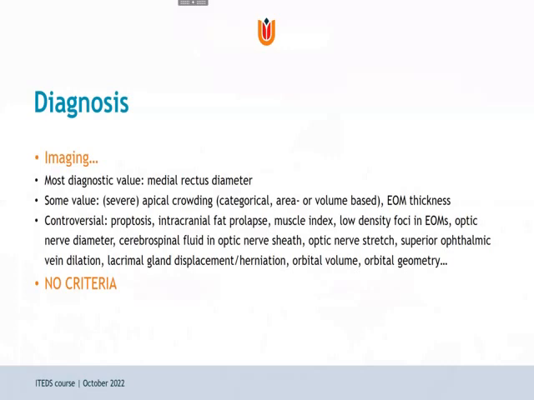And also the thickness of the other EOMs have some value. And then many of the other factors are controversial. Some studies find they have some use or some diagnostic value, others don't. And also for the imaging, there are no definite criteria.